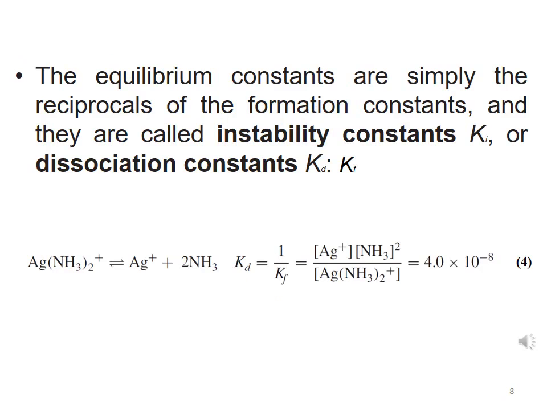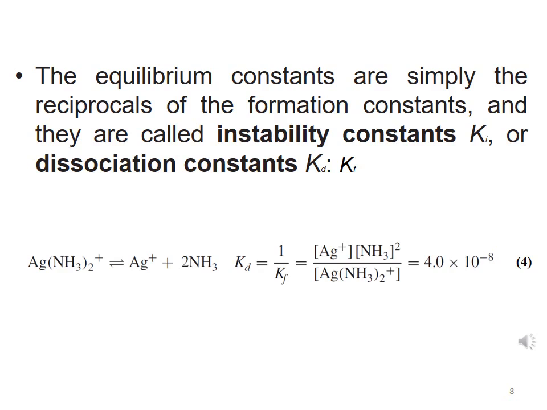This reaction is reversible. As we consider the formation constant, if the reaction is reversed, we can write this equilibrium in the opposite direction, and that is known as dissociation. If we do this, the concentration terms are inverted in the equilibrium constant expression, and the equilibrium constants are simply the reciprocals of the formation constants.